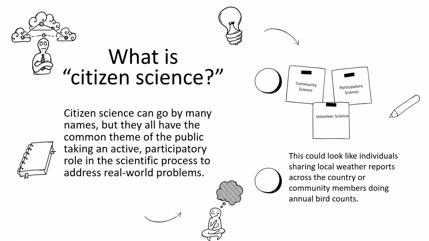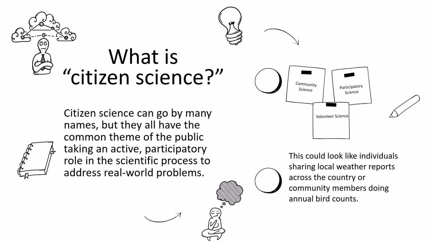So I realize that I may be speaking to the choir here. I have a lot of members of the citizen science community tuning in today, but my goal through this week was to help to recruit new members from all walks of life. Citizen science can go by many different names, such as crowdsourcing science, participatory science, or community science, but they all have the common theme of community members taking on an active and participatory role in the scientific process to address real-world problems and expand knowledge.